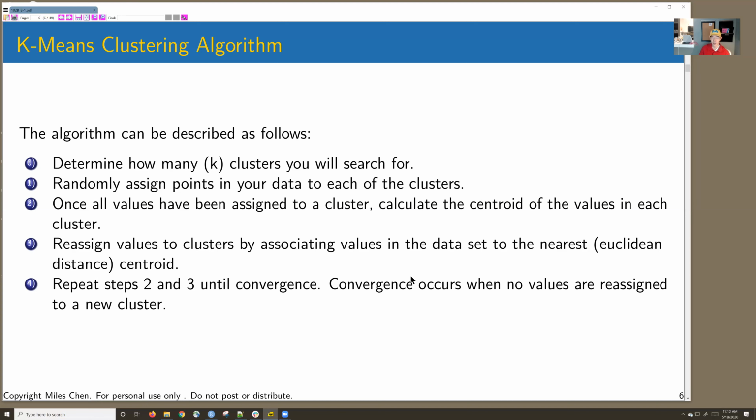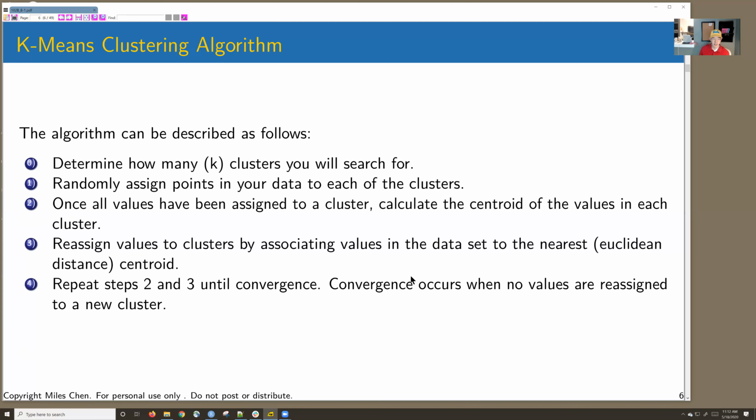Once all the values have been assigned to a cluster, you calculate the centroid of the values in each cluster. Then you reassign values to clusters by associating each observation to the nearest centroid, using Euclidean distance.